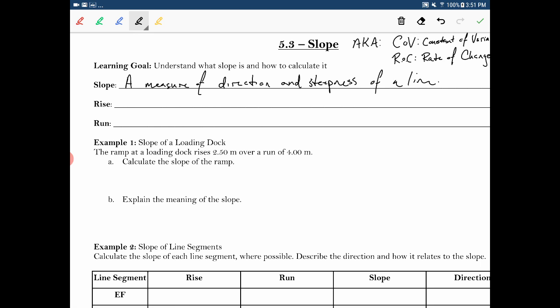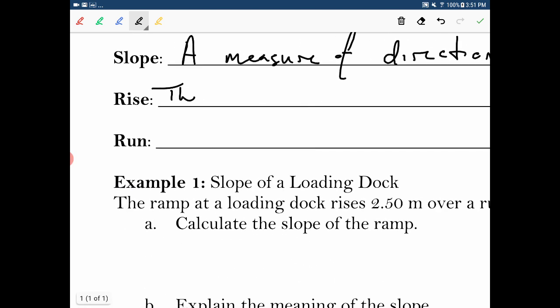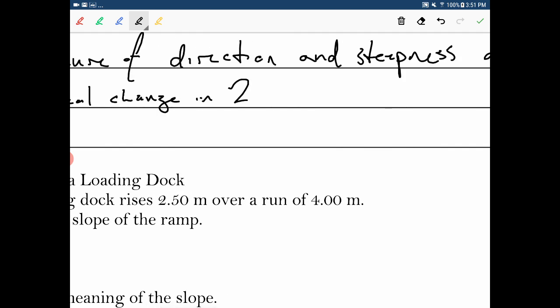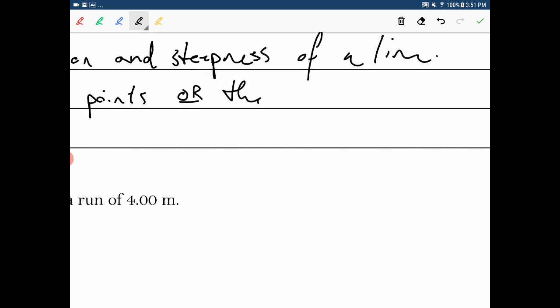So the rise is just the vertical change between 2 points, or a change in y. The change in y.